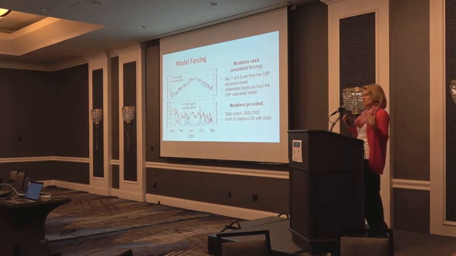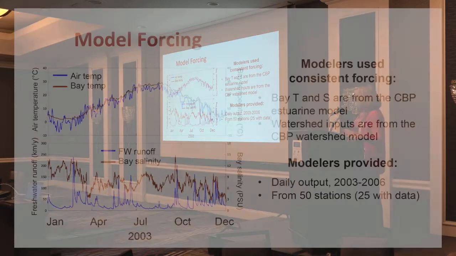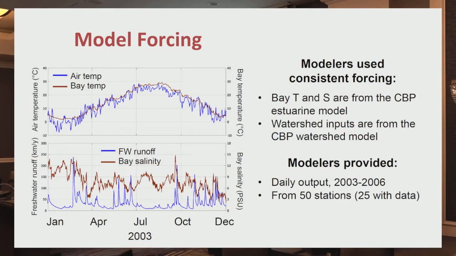In addition to having all the models use the same bathymetric information, we also provided the same model forcing to all the models. The model forcing came from the Bay Program's estuarine model, so largely from the oceans, the bay side. We have bay temperature and salinity from the estuarine model.